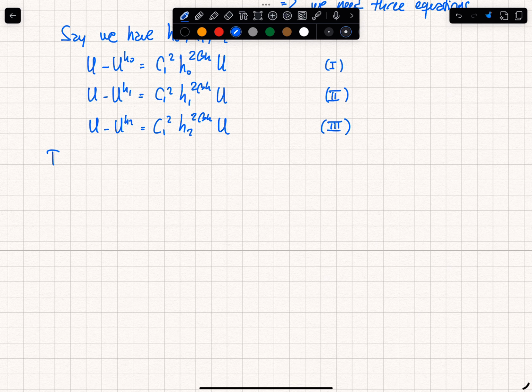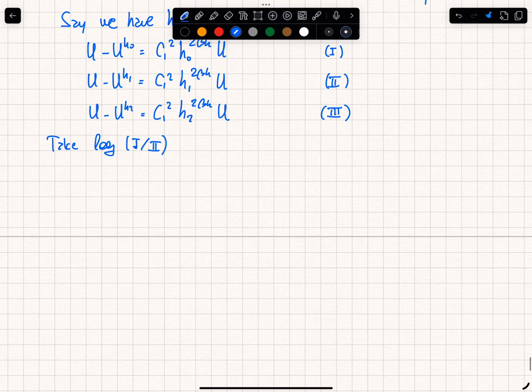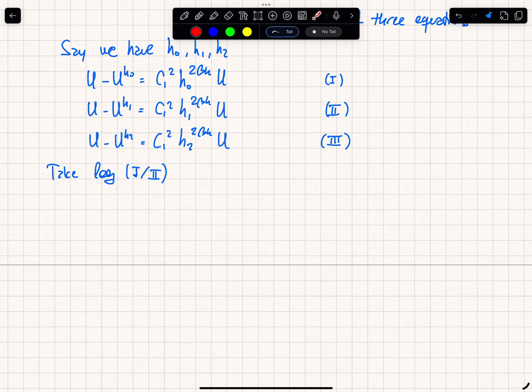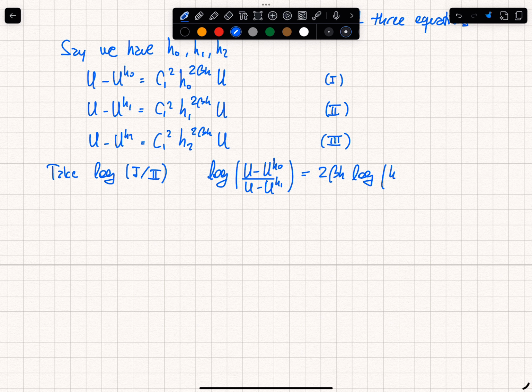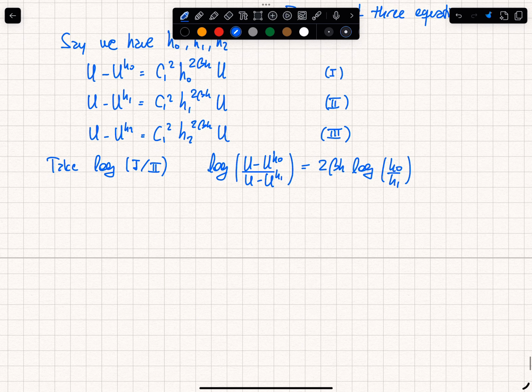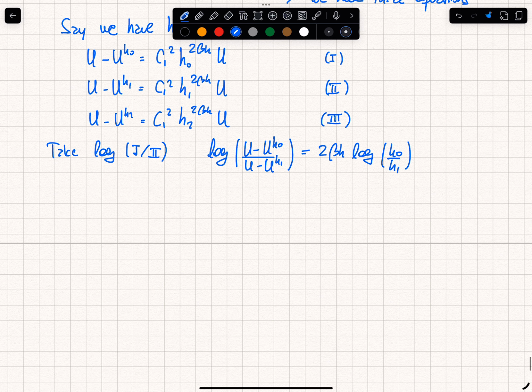Now I'm going to take the log of 1 divided by 2. So I take this guy, I divide it by that guy, and then I take the log of that. U minus UH0 over U minus UH1 equals 2 beta H log of H0 divided by H1. Notice that, of course, when I divide, the C1 squared goes away.